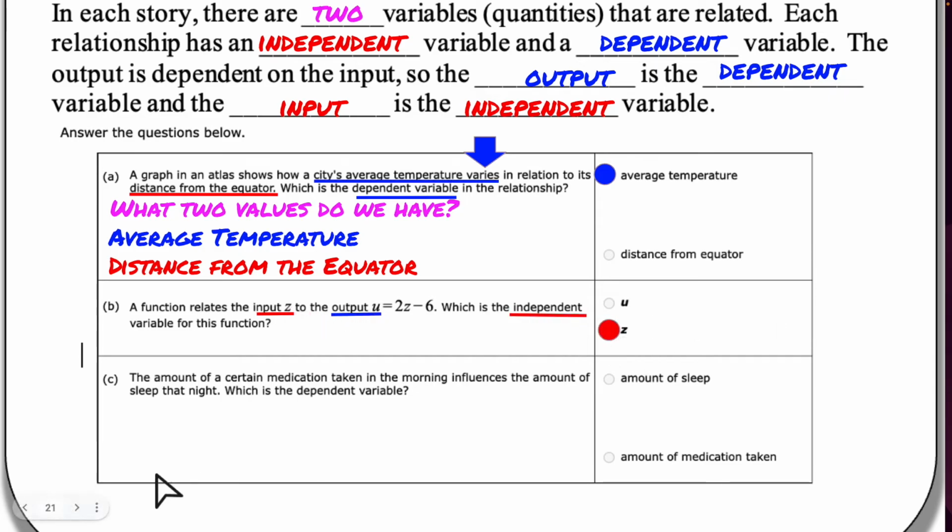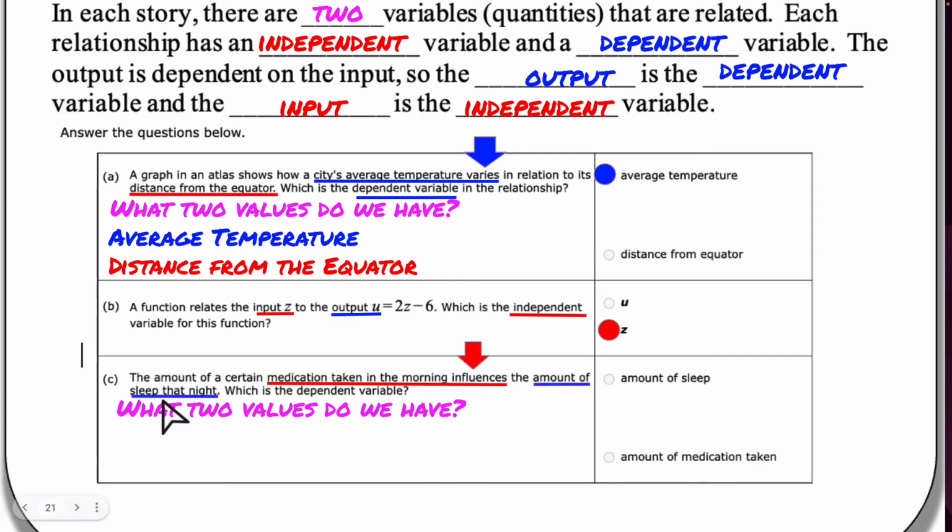The amount of certain medication taken in the morning influences the amount of sleep that night. So which is the dependent variable? So again, which two values do we have? I have medication taken in the morning, and that influences the sleep. So those are my two. It's medication in the morning, sleep at night, right? Or the amount of sleep.